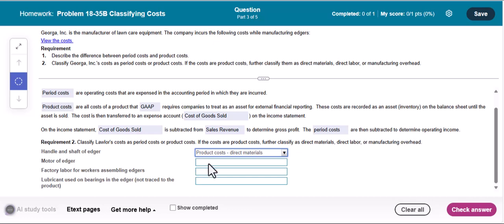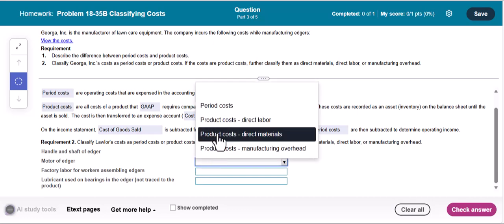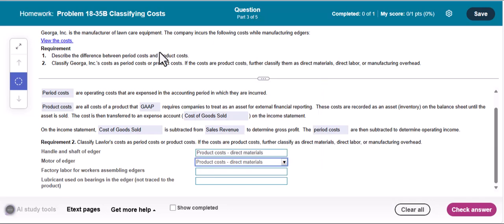That is also product cost, direct materials, since it is part of the product and can be traced directly to each edger. So now we have factory labor for workers assembling the edgers. These people work directly on the edgers. So this is going to be direct labor under product costs.